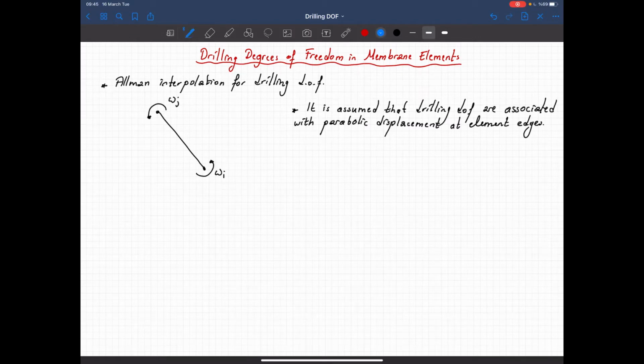So here we are assuming a parabolic displacement at the element edge, and at the middle we have the delta m. Let's put a coordinate axis here, the local x of the element, local y, and here we have u, the displacement in x direction. v will be the displacement in y direction, and this displacement delta m will be at the middle of the element edge.